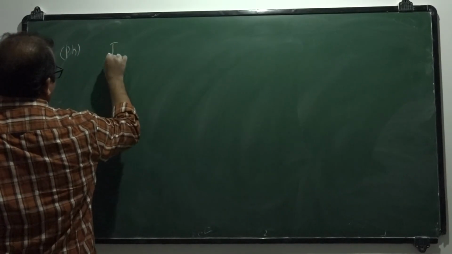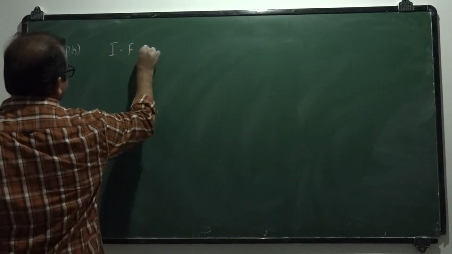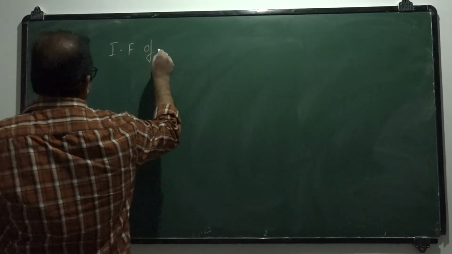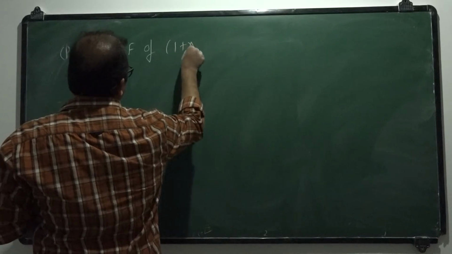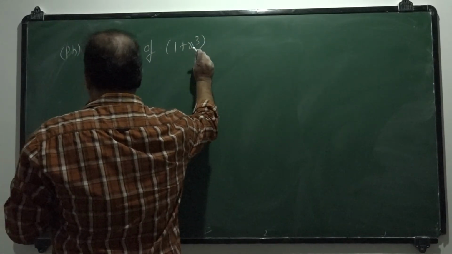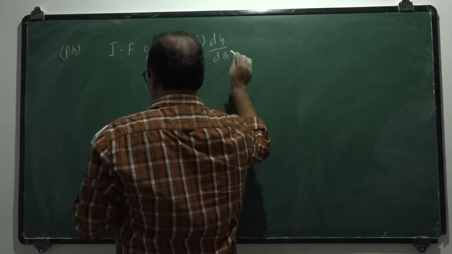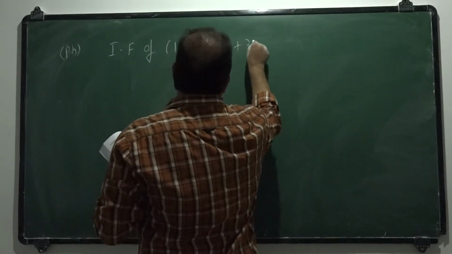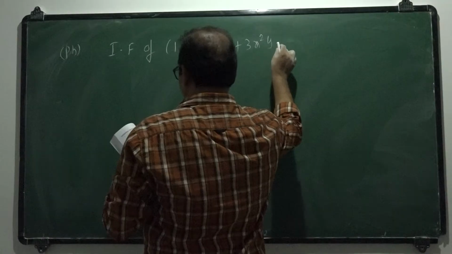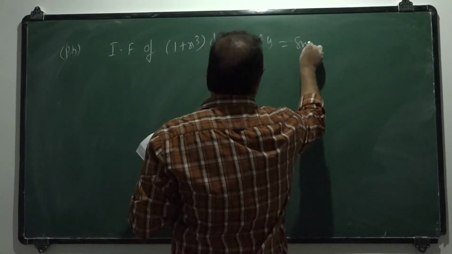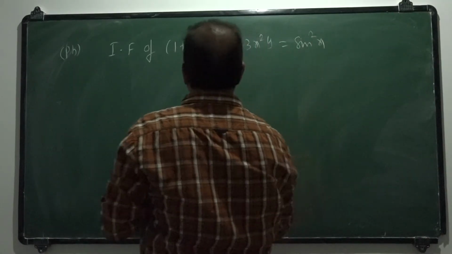Find the integrating factor (IF) of (1 plus x cube) into dy by dx plus 3x square y is equal to sine square x.